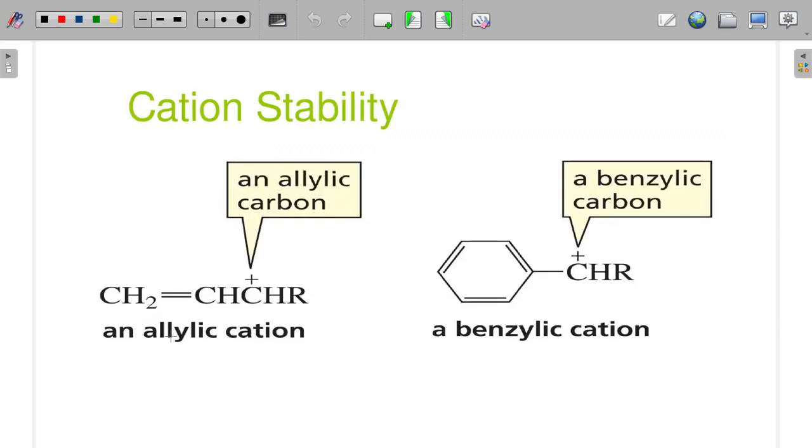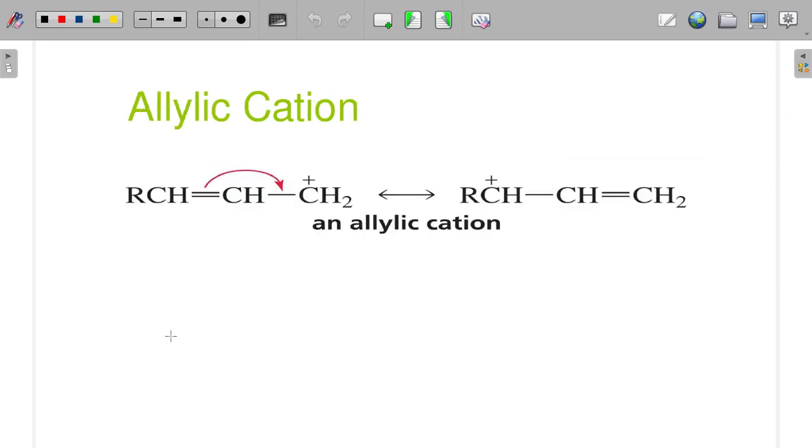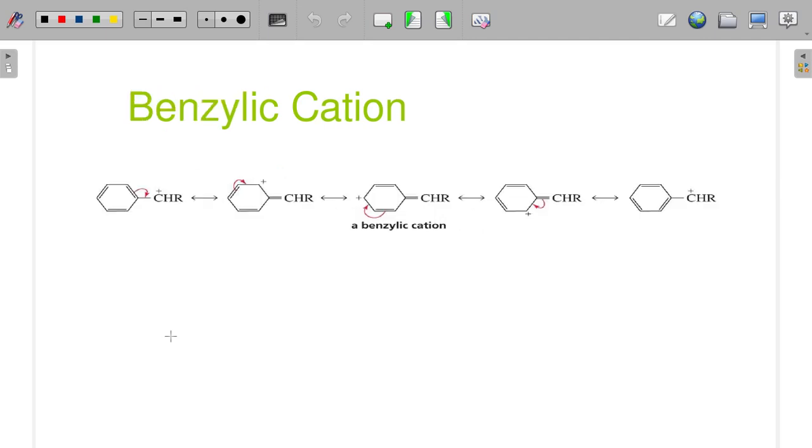Okay, the next thing we're going to talk about is the stability of our cations. We already introduced this, and we pointed out that allylic cations were quite stable. But we're going to see that there are also benzylic cations, where the cation is right adjacent to a benzene ring. These cations drastically change our reactions simply because they make very stable cations. An allylic cation resonates back and forth. Benzene resonates too, and the neat thing about benzene is it puts the charge into three different locations on that ring.